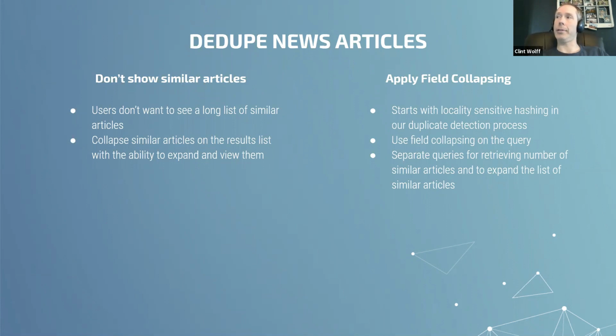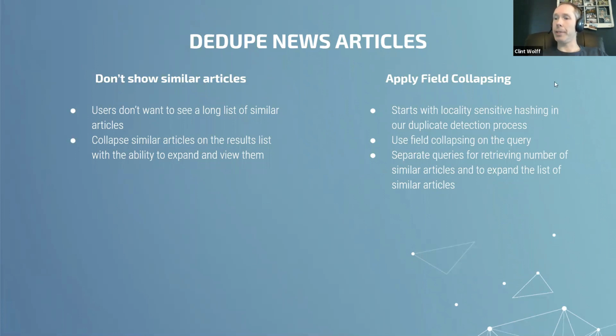And the final goal of that duplicate detection process, like I mentioned, is that we have a duplicate group ID stamped onto every individual document. And if I were to do a query for one duplicate group ID, if I get back 10 documents for that, that means that those 10 documents are similar to each other.